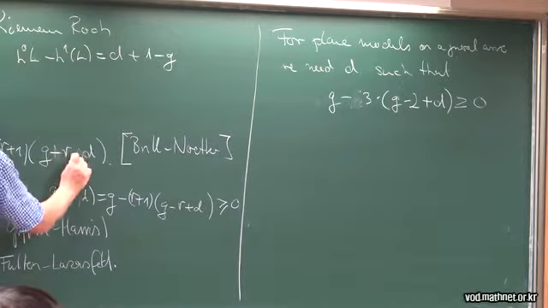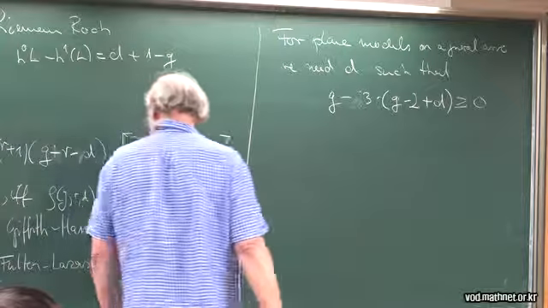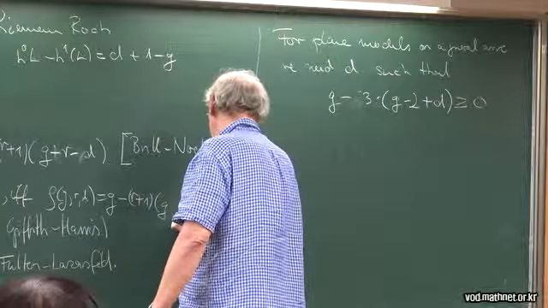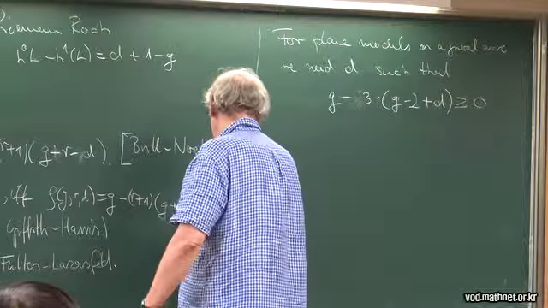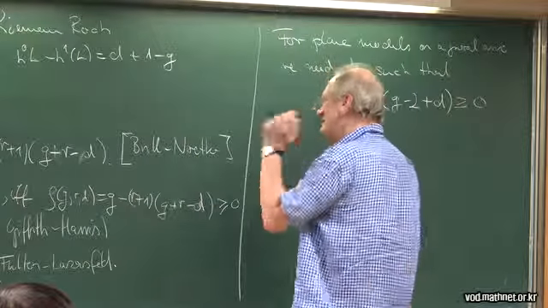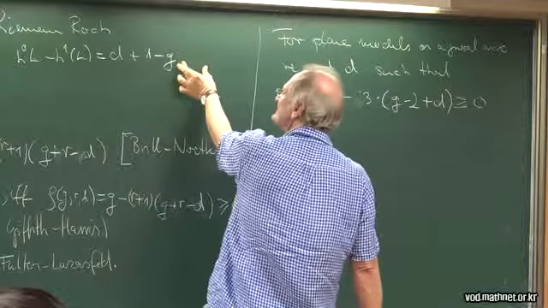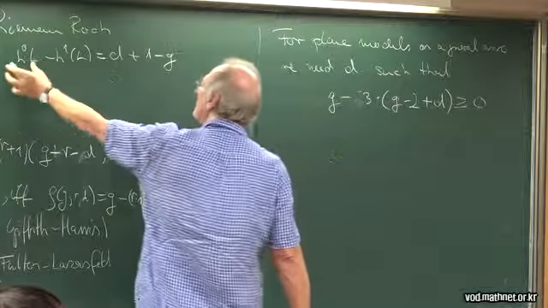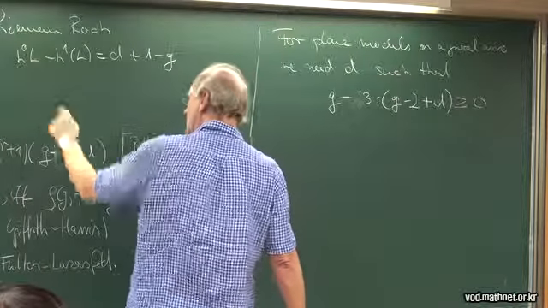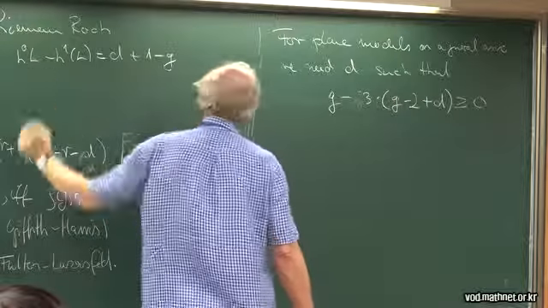Plus r minus d, and everywhere else also plus r minus d. So this was supposed to be h1. If I bring it on this side, h0 was r plus 1, so here I have an r, so r minus d, g comes on that side.